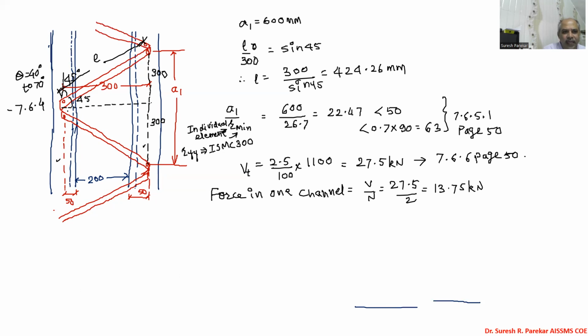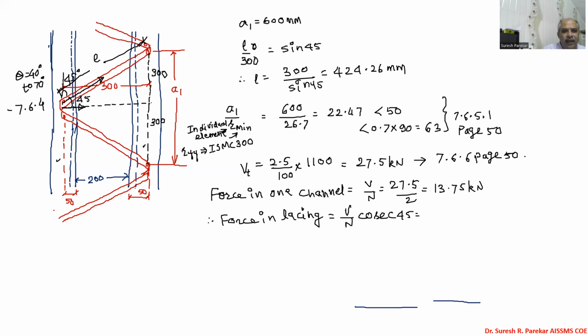Now this force we have along this transverse shear, and we are interested to find force along the lacing. For this we will get, therefore, force in lacing equal to, now you can take cos 45, and from this you will get V by N cosec of 45, or you can have sec of 45, one and the same thing.